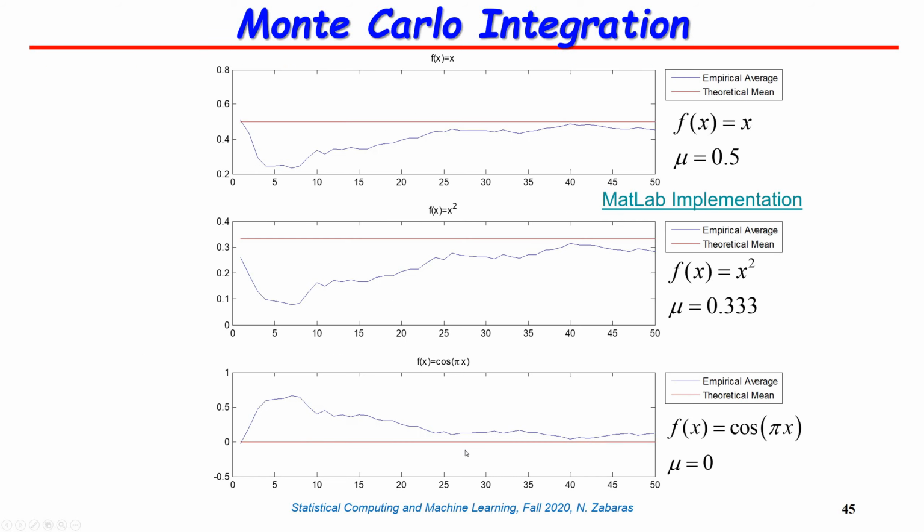So let me give you, for different values of f of x, the results for this integral. The actual results are shown here with the values mu, and you can see how, as the number of samples changes, this Monte Carlo estimation proceeds. Again, the true mean here is 0.5, the true mean here is 0.33, and in this particular case on the bottom, mu is equal to 0.